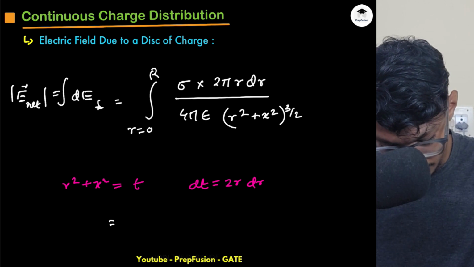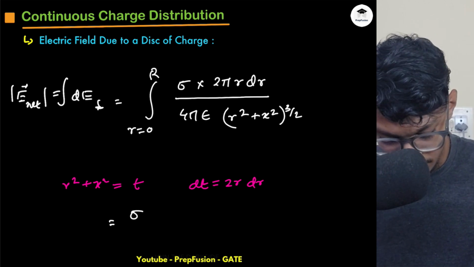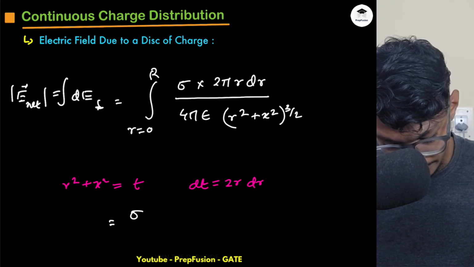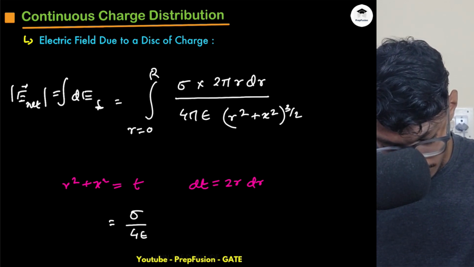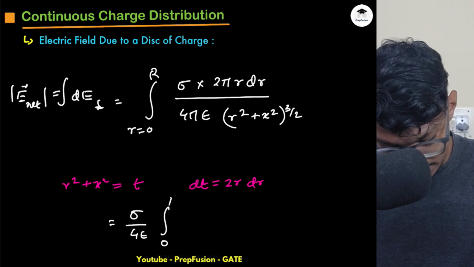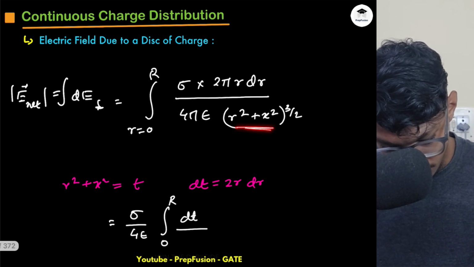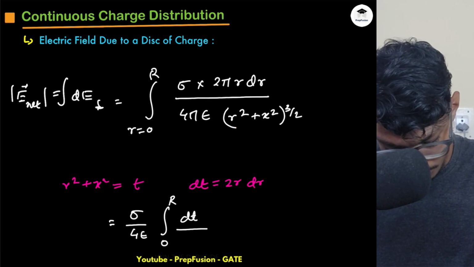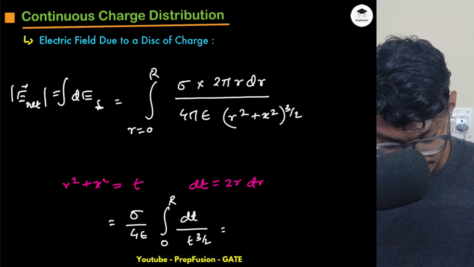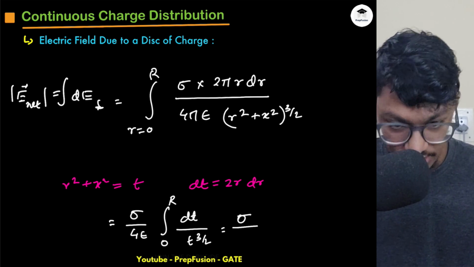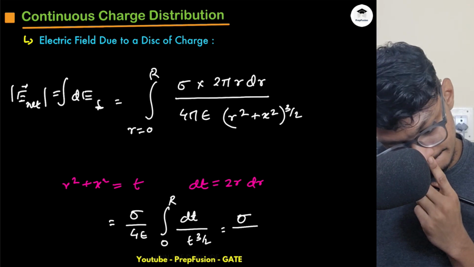So what will I get basically? Sigma will be outside because it is uniform charge density. 2 will be gone, pi will be gone. Sigma by 4 epsilon, and r dr will basically become dt, over t raised to power 3 by 2. If I integrate with respect to dt, sigma by 4 epsilon, am I doing this correctly?